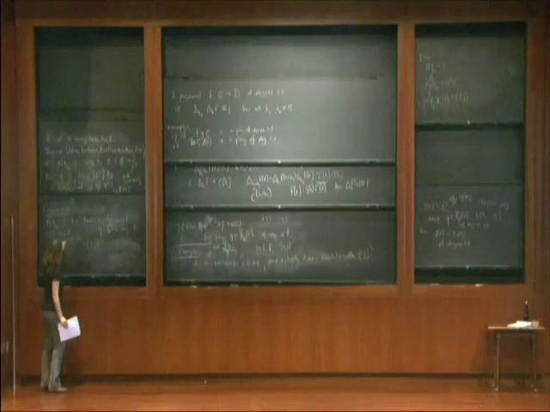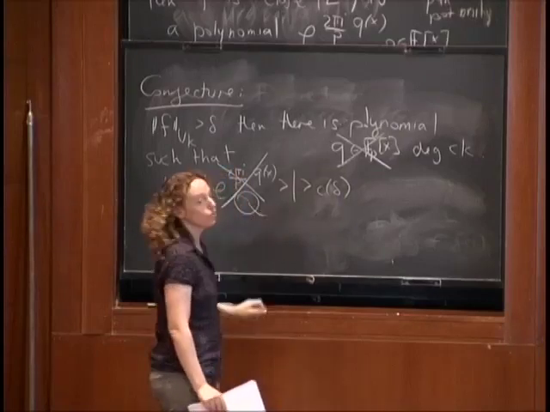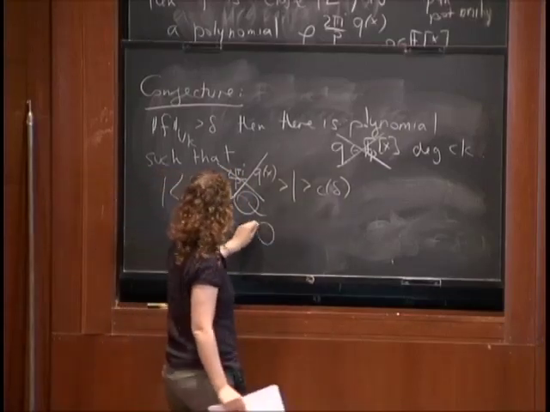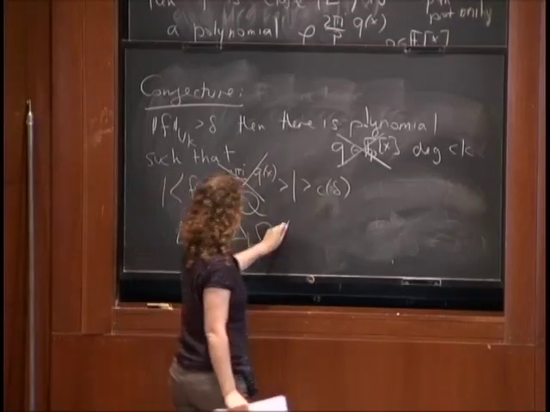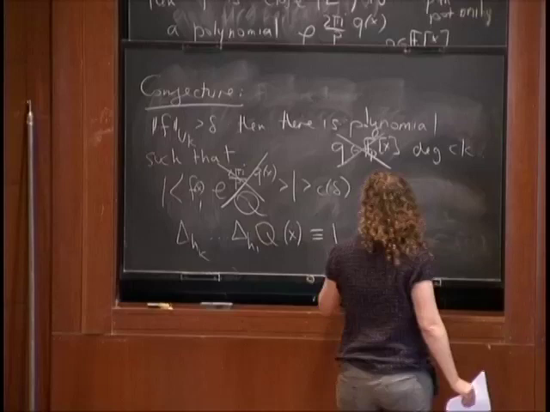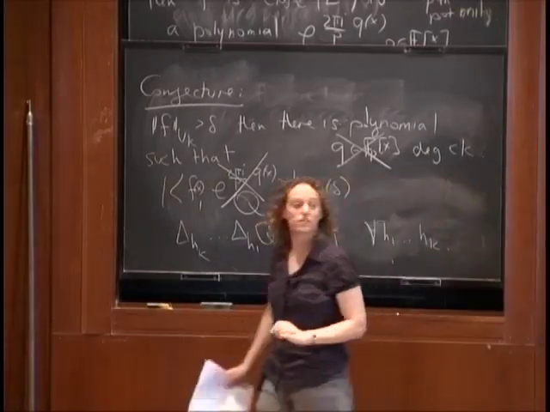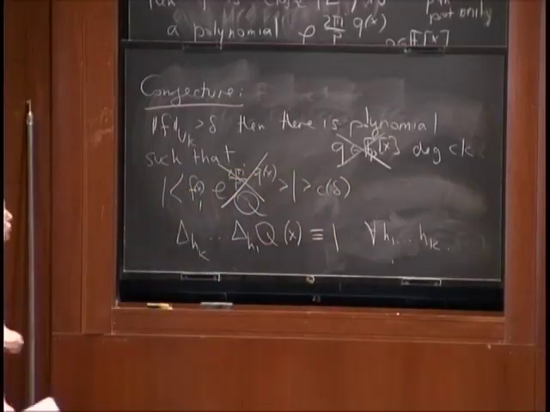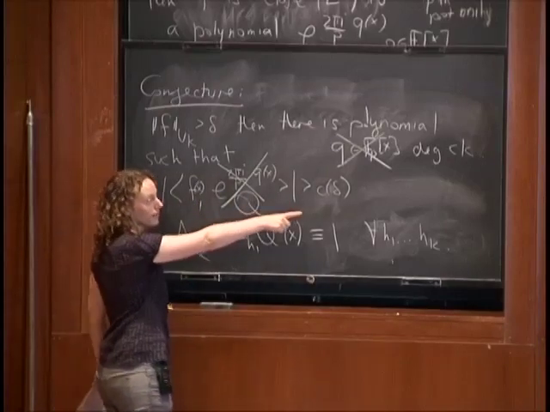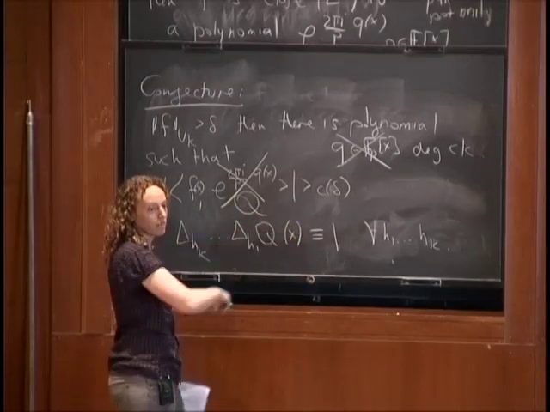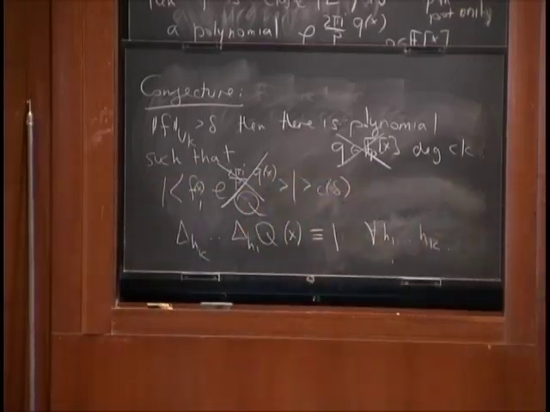So instead of writing this thing, I will write Q, where Q satisfies delta H1 through delta HK, satisfies this condition that I wrote on top of there. So this is a new, slightly modified conjecture, but it can no longer be ruled out by this counterexample. And rightfully so.